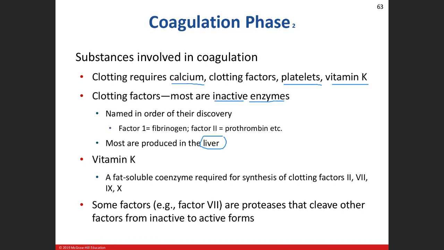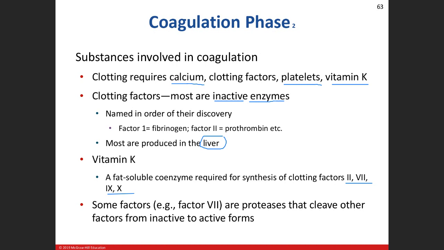That's why people with liver disease will, in some cases, depending on how bad the liver disease is, have an inability to clot. They bruise easily. We see that. So, the clotting factors we need: vitamin K is going to help with making some of these clotting factors, 2, 7, 9, and 10.